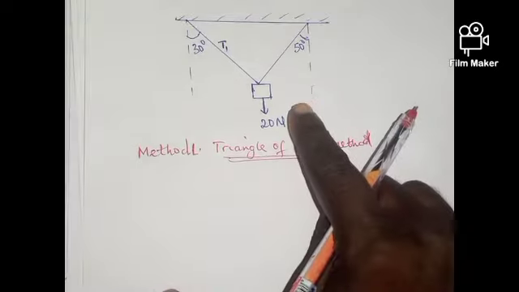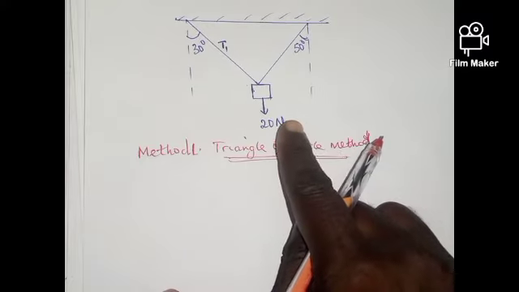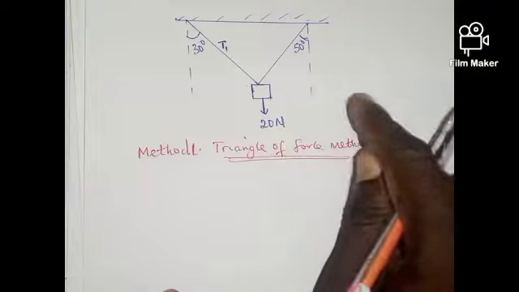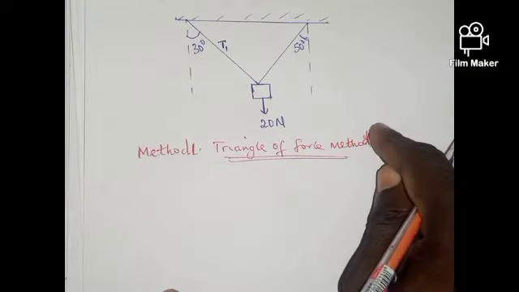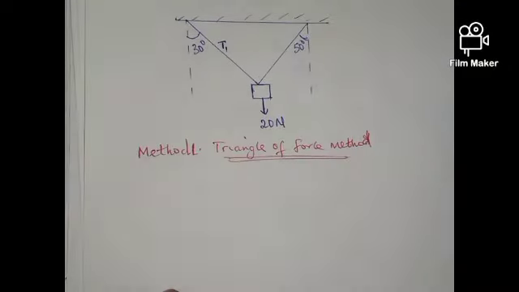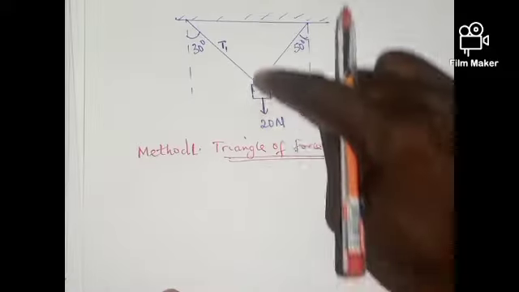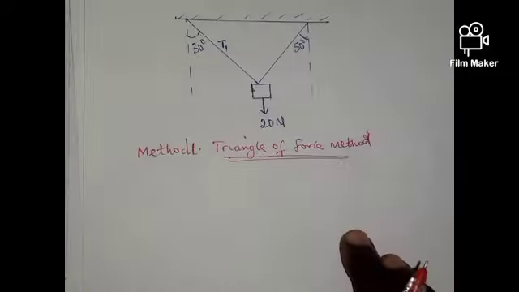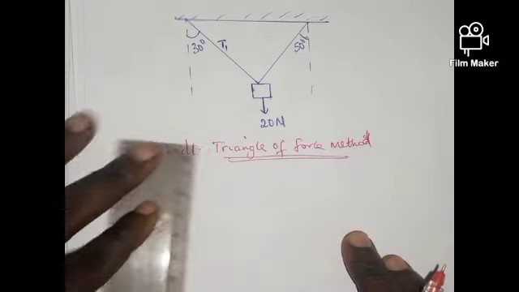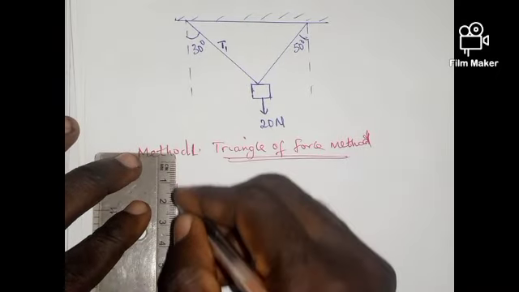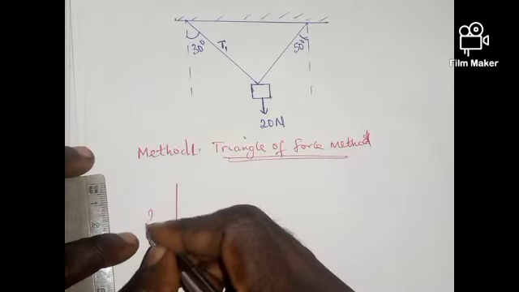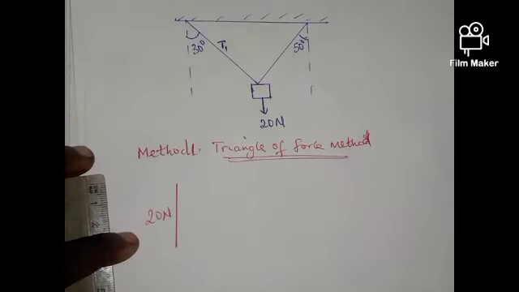If I'm using the triangle of force method and I can analyze and get my result, I can also use the triangle of force method to draw a scale diagram to get my result. So what I'm going to do is this. This is the vertical force acting in all of this system, the weight of the object. So I'll draw a vertical line like this. So this is going to represent the weight, 20 Newton.